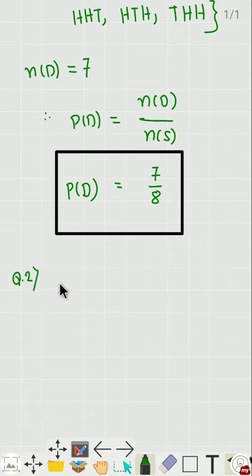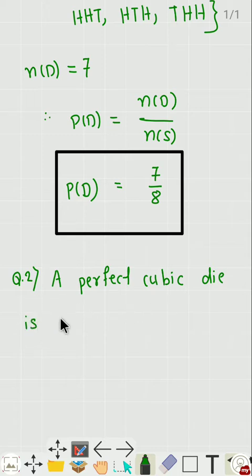Question number 2. A perfect cubic die is thrown.